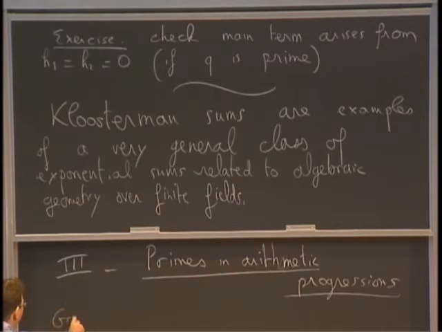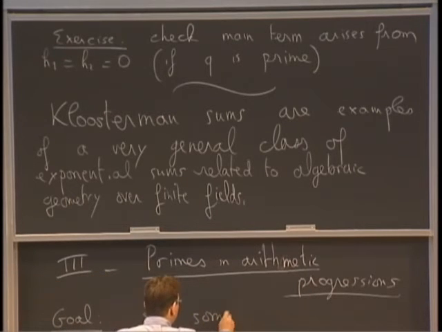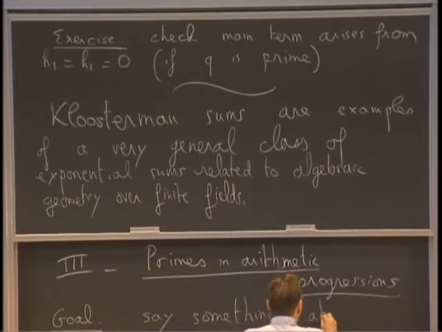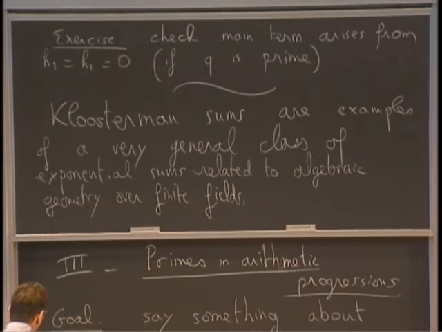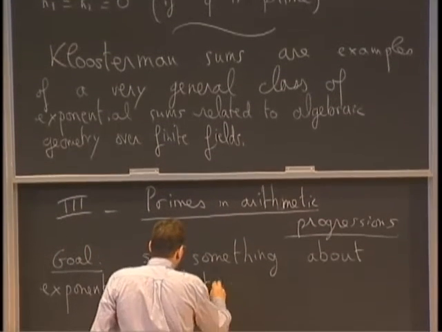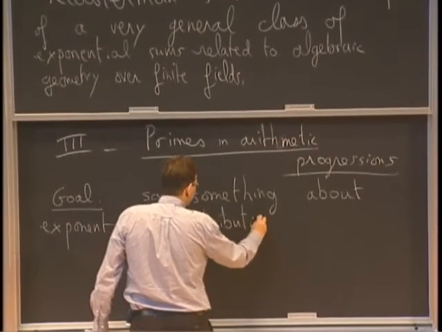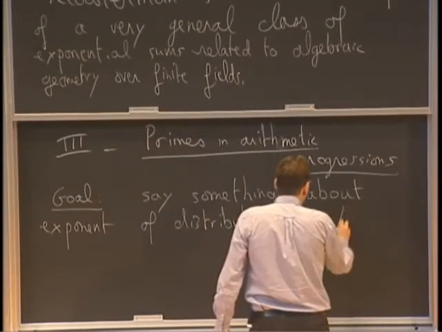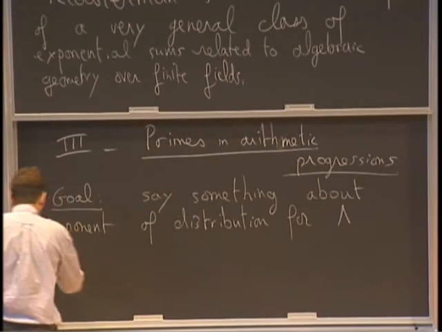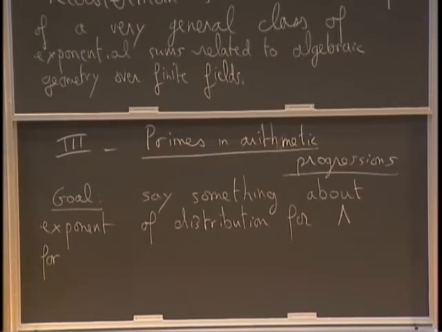Okay, so let me remind you of the motivation. So the goal now is to say something non-trivial and unconditional about the exponent of distribution for primes. So let's say for the von Mangoldt function, which is almost the same thing, for moduli which go beyond the Bombieri-Vinogradov theorem.